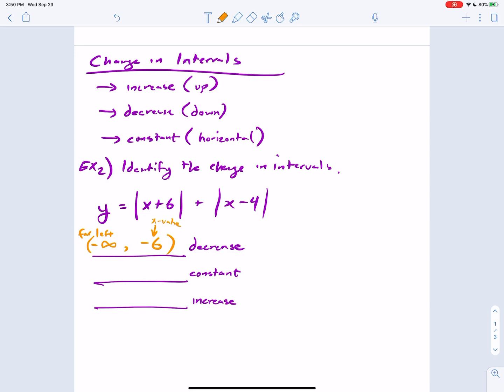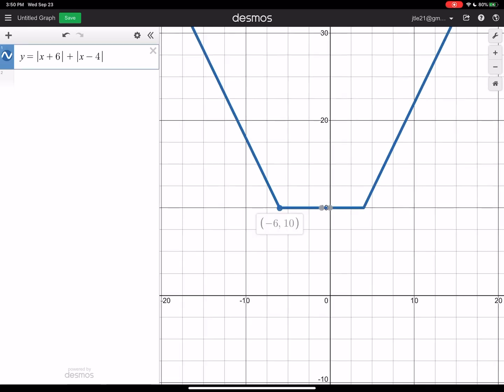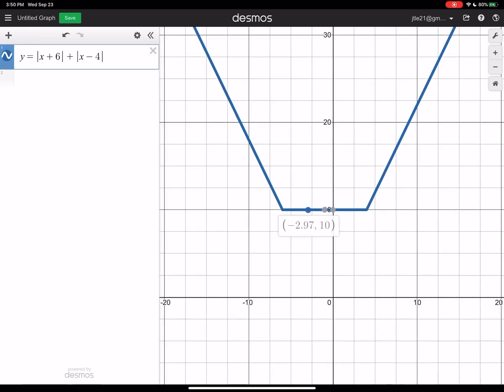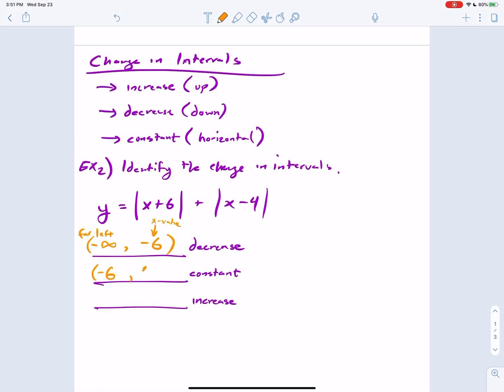But then afterwards, starting at negative 6 and all the way to an x value of, it looks like 4, right? Negative 6 to 4, it becomes constant.